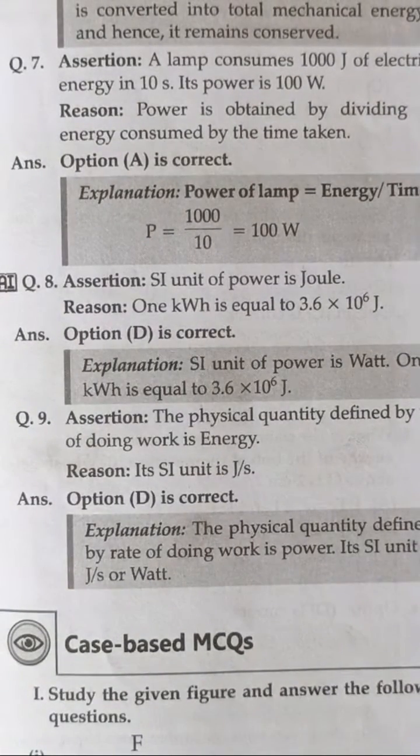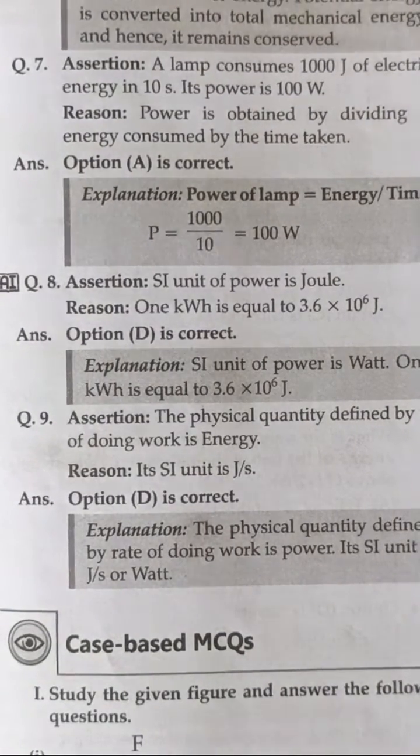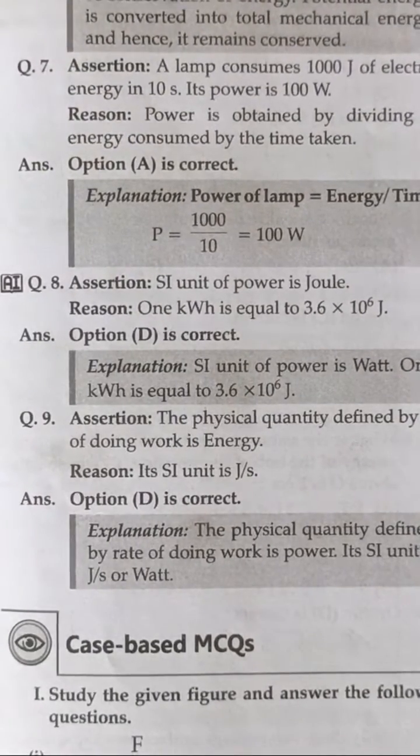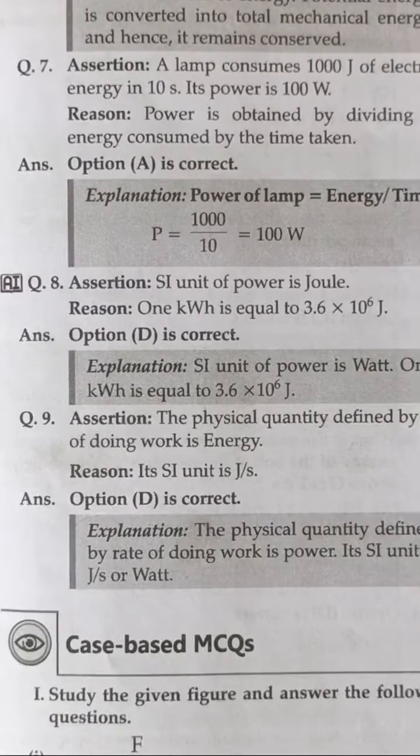Answer is option C. Explanation: no, it does not violate the law of conservation of energy. Potential energy is converted into kinetic energy, and hence total mechanical energy remains conserved.